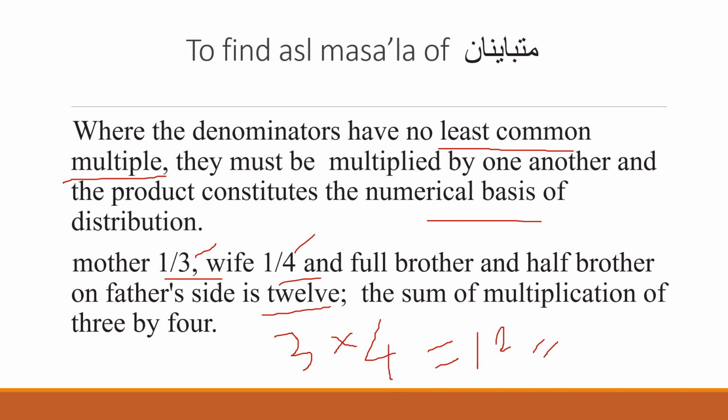In any case, it will be one of these four types of denominators: mutabayinani, mutadakhilani, mutawafikani, mutamathilani. Any one of these models will be found in the denominators of ilm al-fara'il.